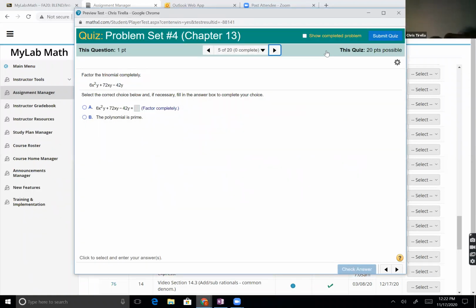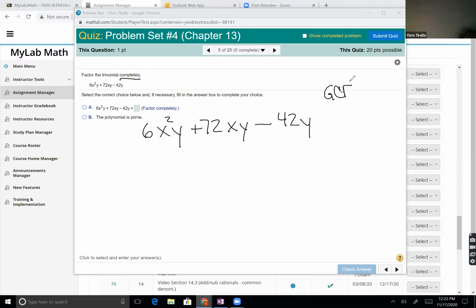And again, it asks me to factor completely. I have 6x squared y plus 72xy minus 42y. When I see that word completely, I always start by saying, is there anything in common? They all have a y. And how about number wise?